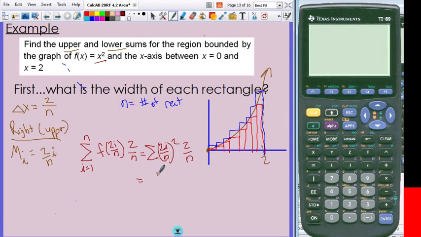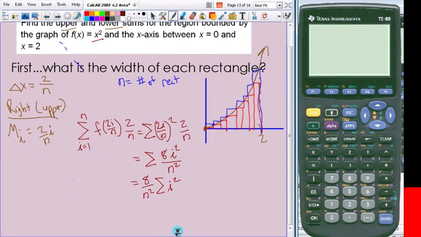Cleaning that up a little bit, I'm going to get the sum of 4 times 2, which is 8i squared over n squared. And I can rewrite that and just take the constants out: 8 over n cubed times the sum of i squared.